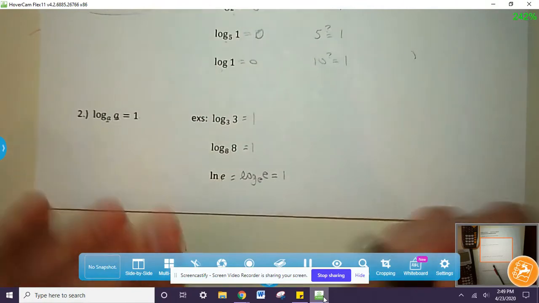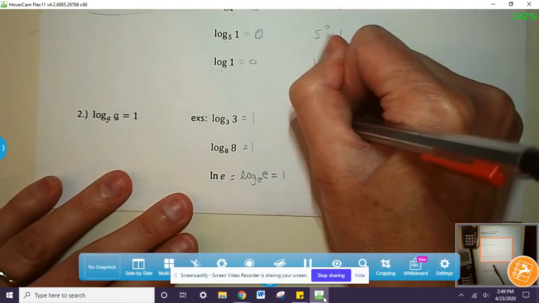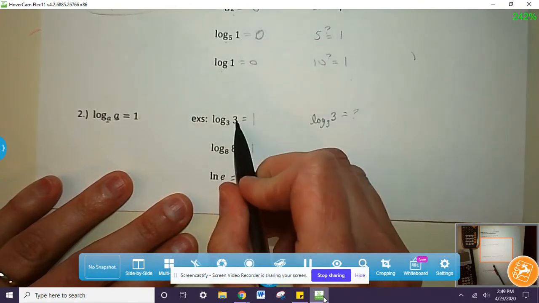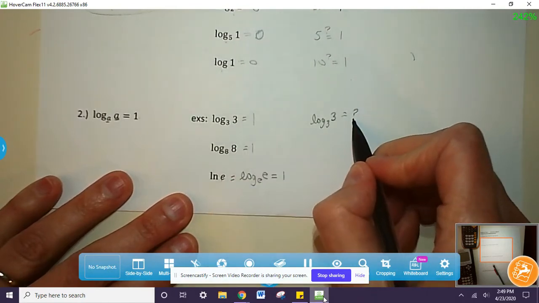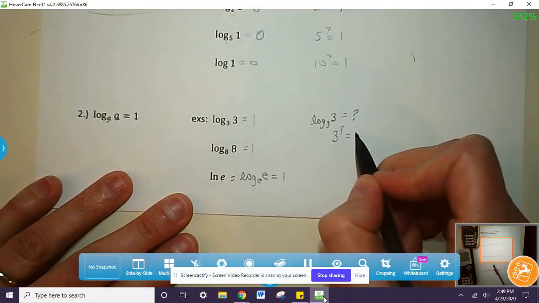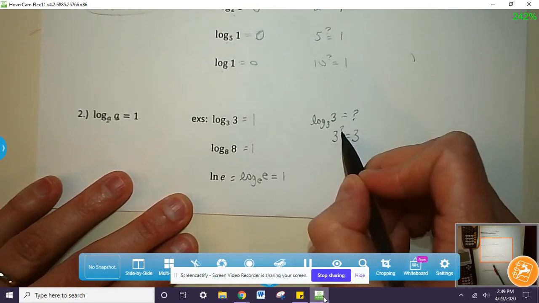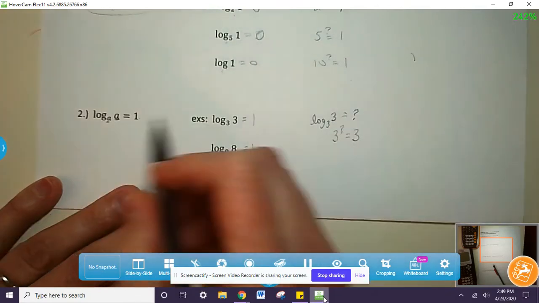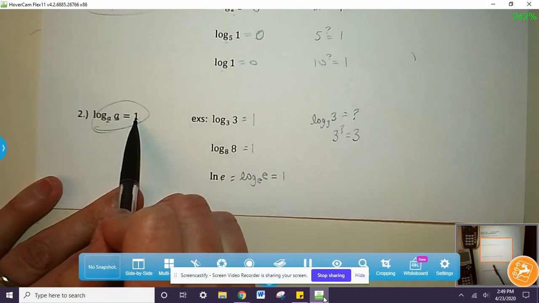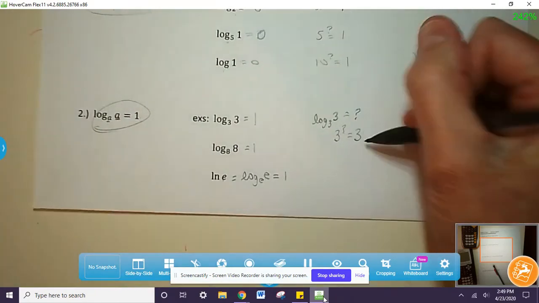But you don't really need to memorize this because if you were ever trying to figure out what log base 3 of 3 is, you can just rearrange to the other form. You'd say to yourself, okay, 3 to what power gives me 3? The answer is 1. So it's a nice shortcut if you recognize it. If the base and the input match, then you're going to get 1 as your answer. But you don't need to work real hard to memorize it because you can always switch to the other form.